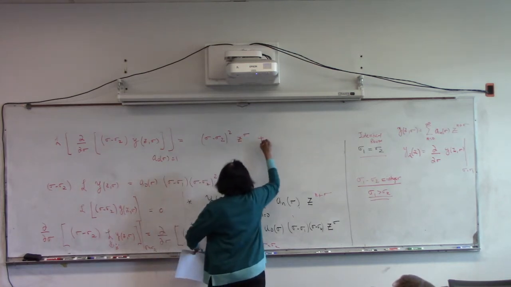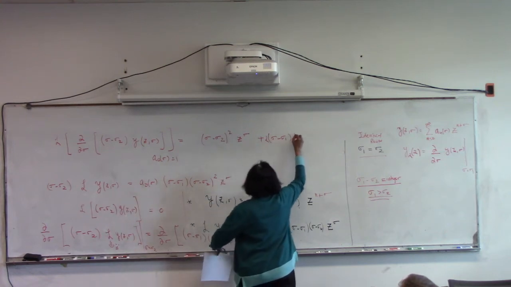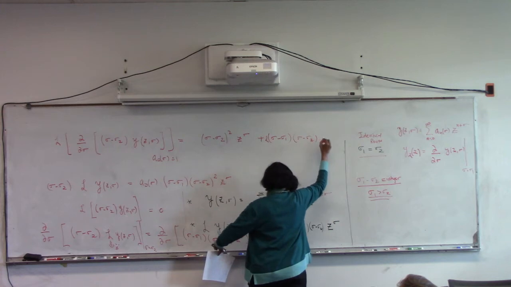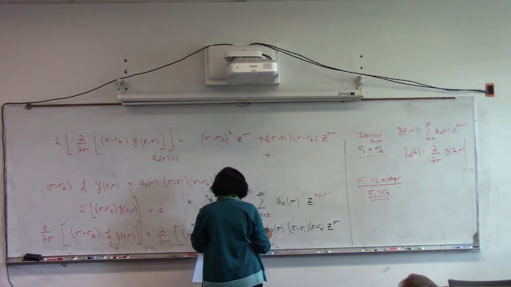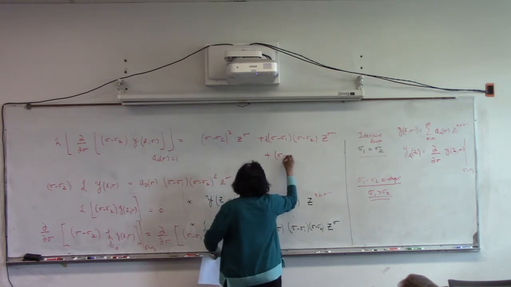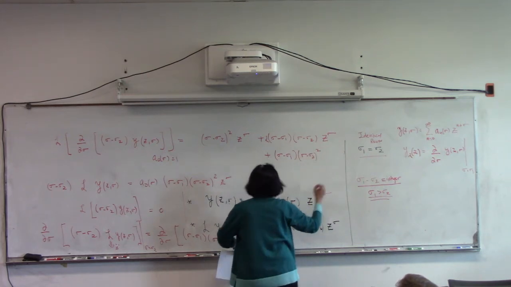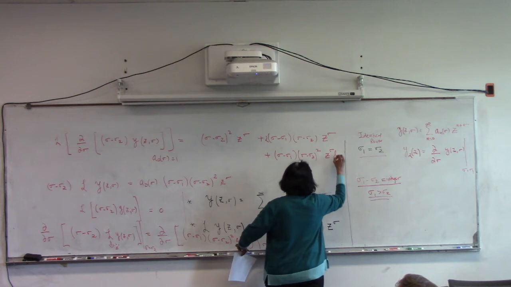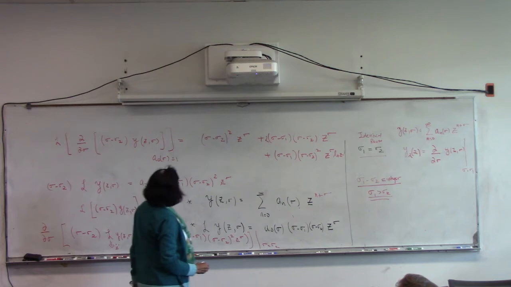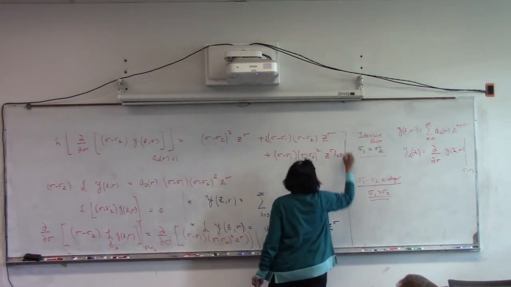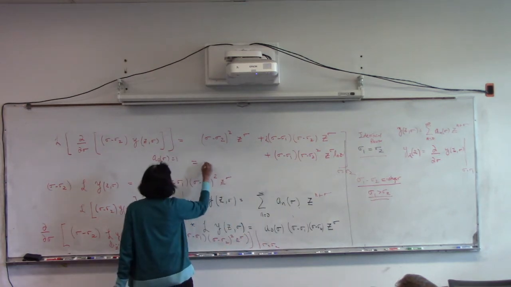The other term will be sigma minus sigma 1, and this will be 2 times sigma minus sigma 2, z to the power sigma, plus the last term is, of course, sigma minus sigma 1, sigma minus sigma 2 whole squared, and this term is z to the power sigma natural log of z, because I'm taking the derivative with respect to sigma. Okay? So, for sigma equal to sigma 2 this will be 0, all of them have sigma 2.